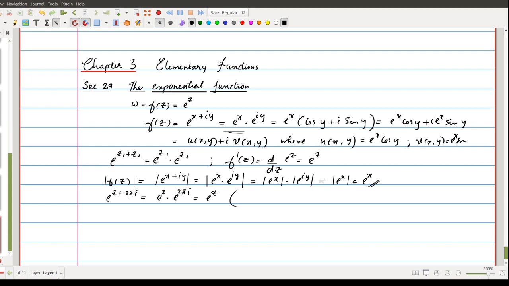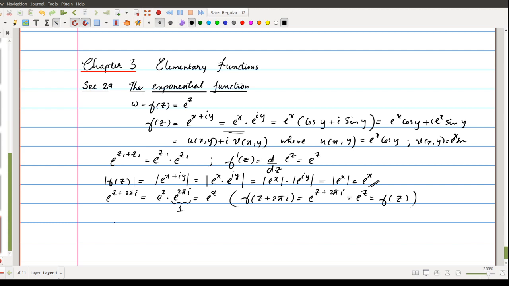The meaning is f of z plus 2 pi i is nothing but e power z plus 2 pi i, and we have seen this is same as e power z, which is equal to f of z. So from this we can say that f is a periodic function with period 2 pi i. So the exponential function is a periodic function with period 2 pi i, because e power 2 pi i is equal to 1.